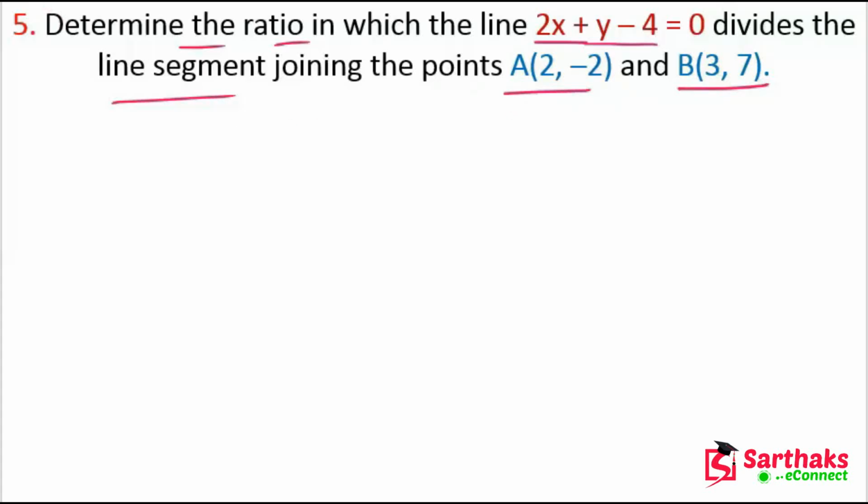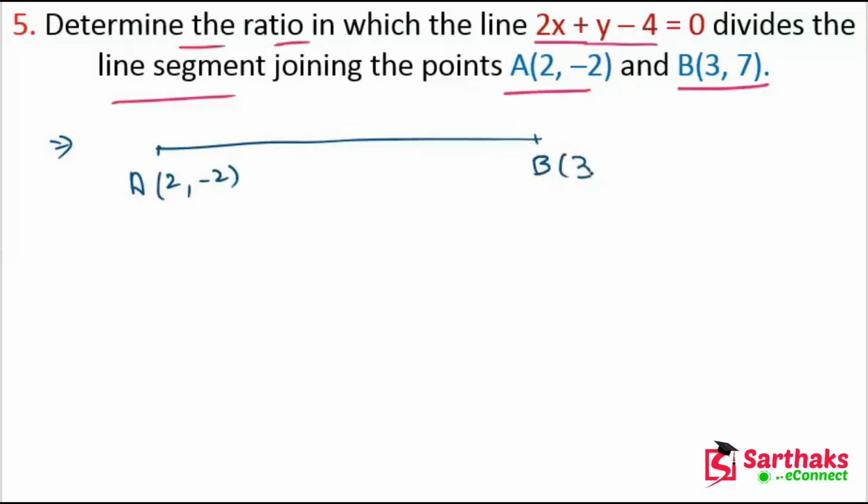So this question states that point A is (2, -2) and point B is (3, 7). Now we have a line, 2x + y - 4 = 0, and we have to find the ratio.